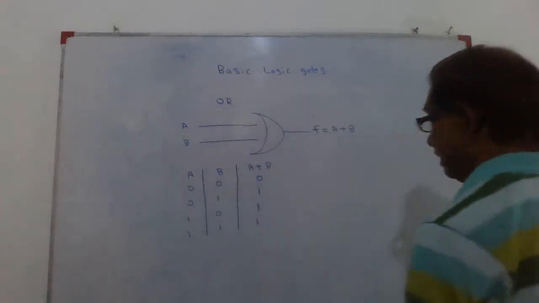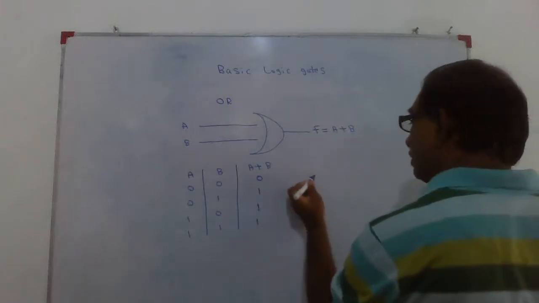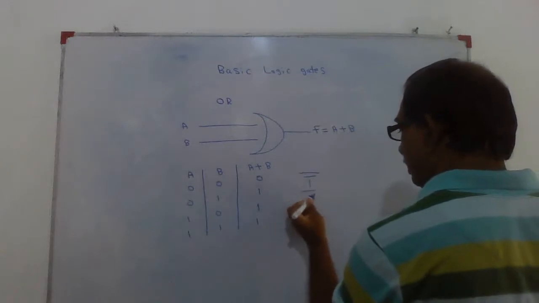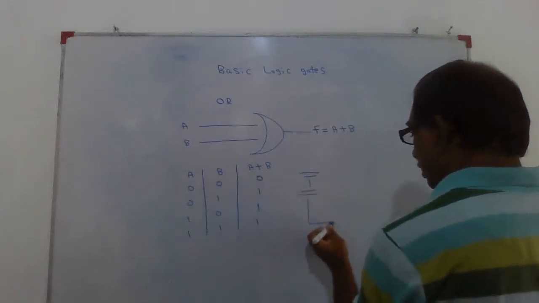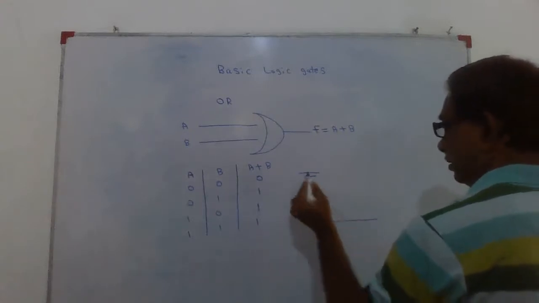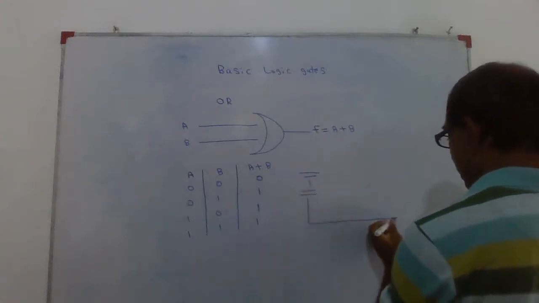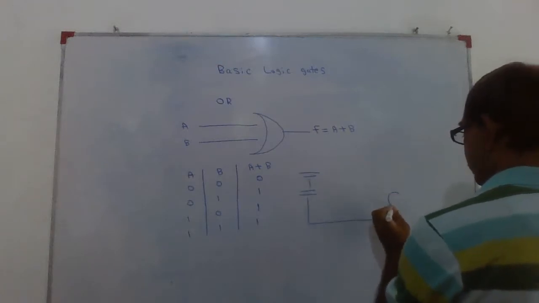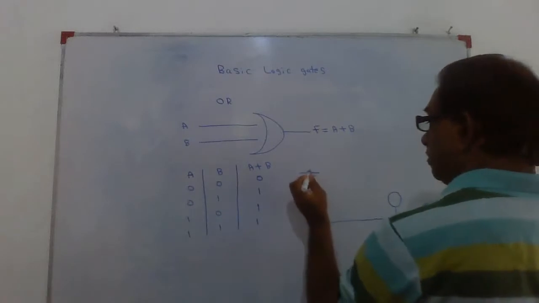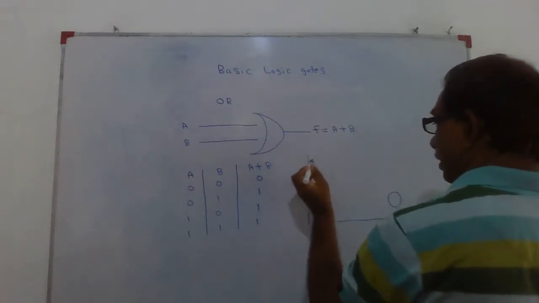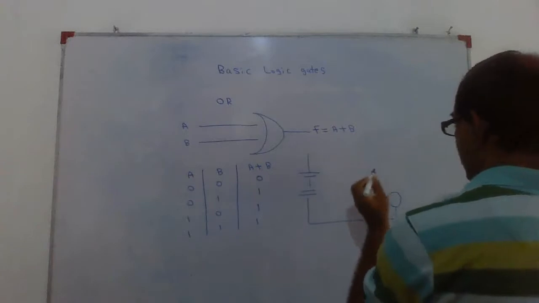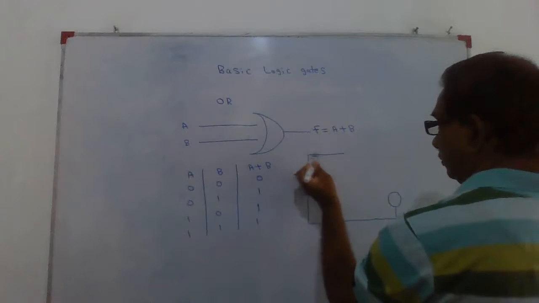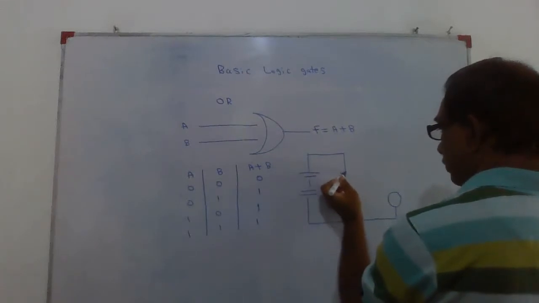And if you go for a circuit, what may happen? If you go for a circuit, this is a battery. We have a bulb here. But this time they use a different circuit. It has 2 switches.